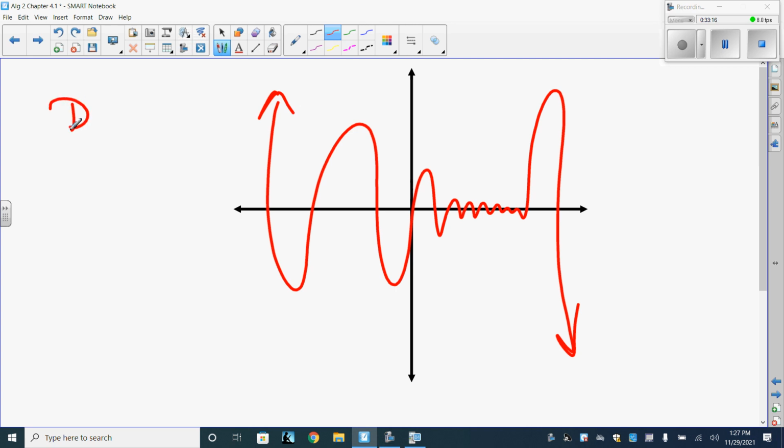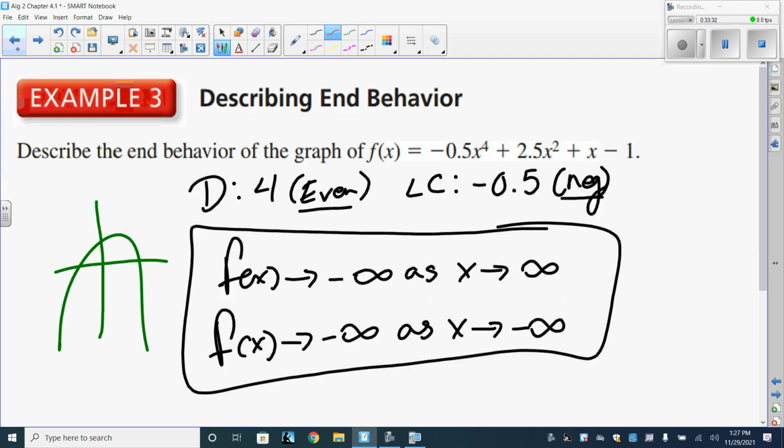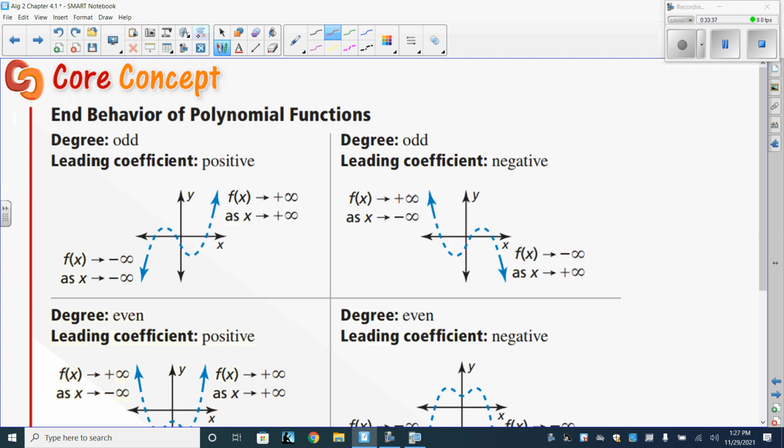But what could I say about the degree? What kind of degree would we have? Odd or even? Because our end behavior for this behaved in one of 4 ways, didn't it?